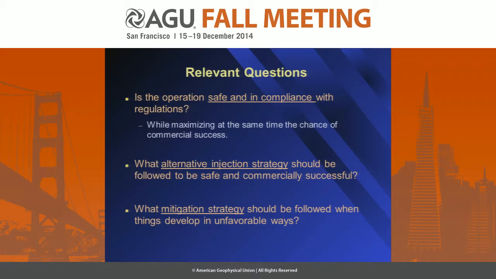Is there an alternative injection strategy that could be followed and be safe at the same time? And then what is the mitigation? You can have all these plans for what you're going to do and lay them out to the regulators, but what happens if you fall outside of that boundary? Do you have a plan for that?